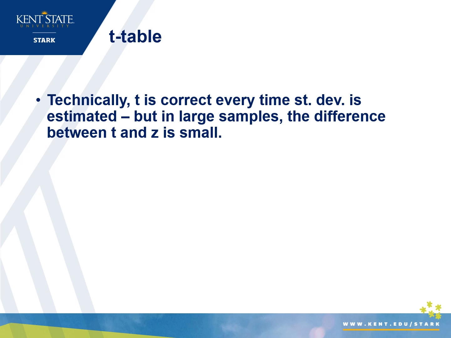After all, multiplying by 1.96 is a lot easier than having to look up the slightly higher t-multiplier. However, with the advent of statistical software, using the t-distribution in this case is not nearly as inconvenient as it once was, so feel free to go ahead and use t anytime that standard deviation is estimated from the sample.